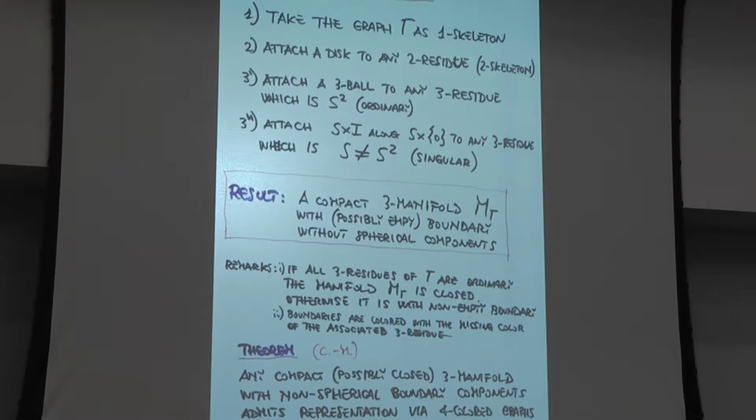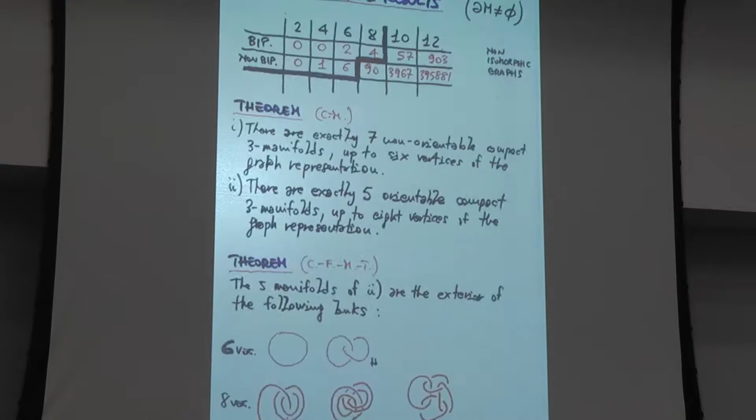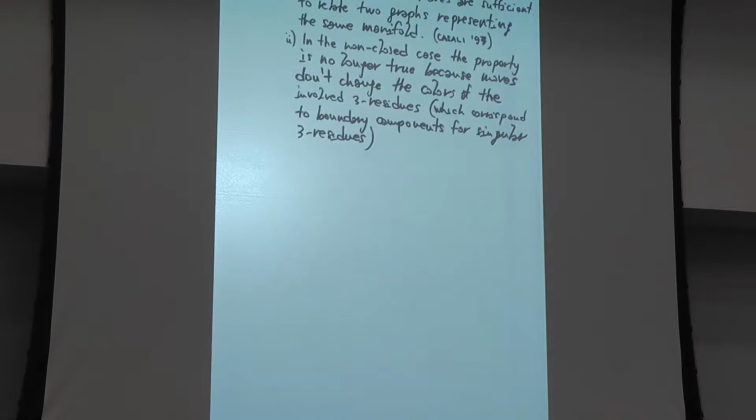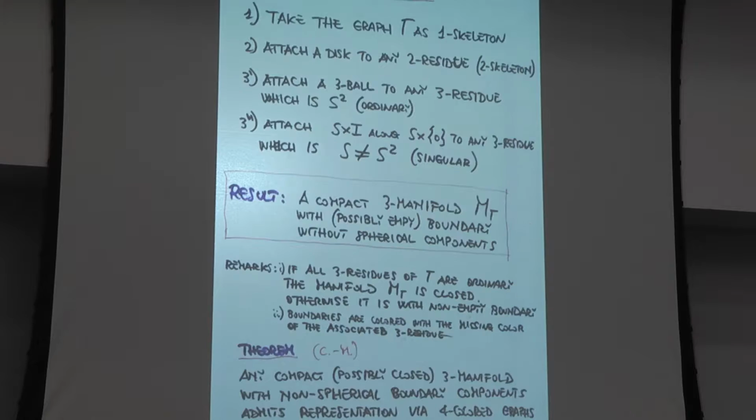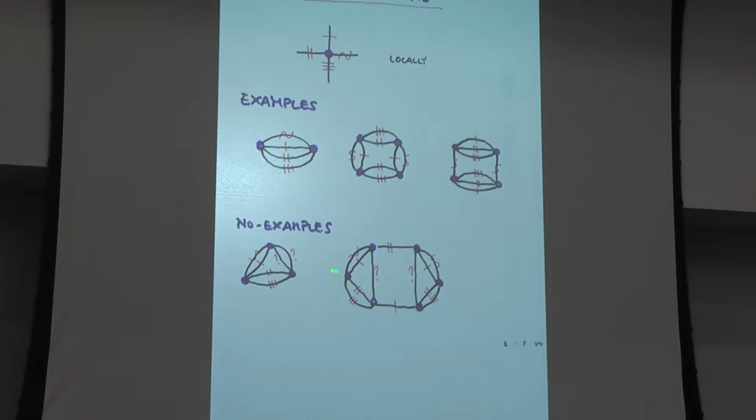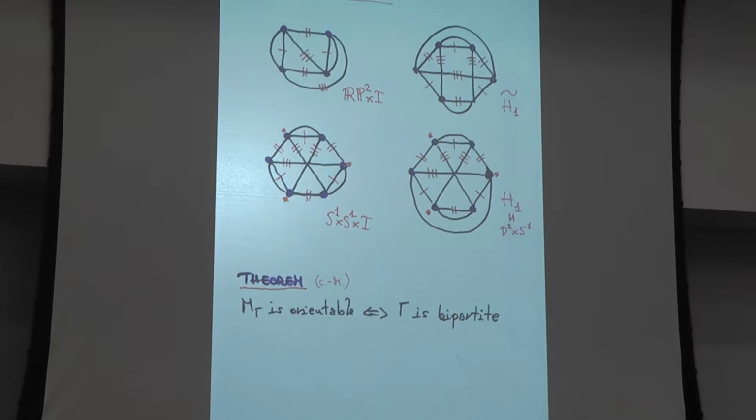And so with 2 there is nothing. With 4 there is only 1 non-bipartite, exactly this one, which represents the projective plane times I, because the other 2 with 4 vertices represent S3. So these represent S3, no boundary. So the only case is this one with 4 vertices.